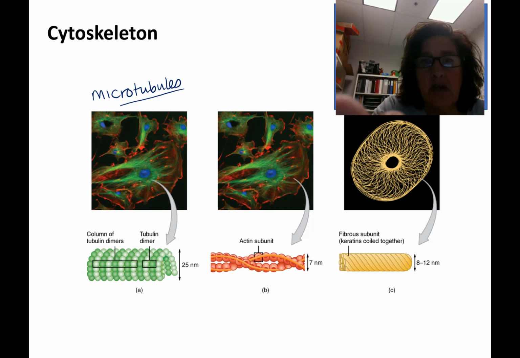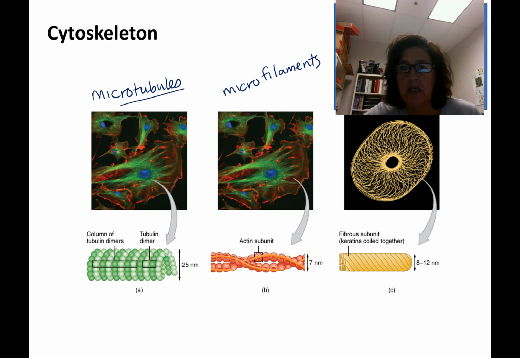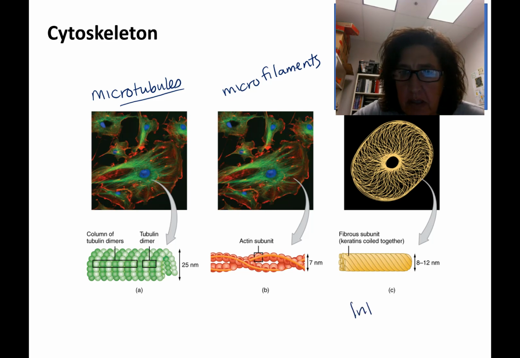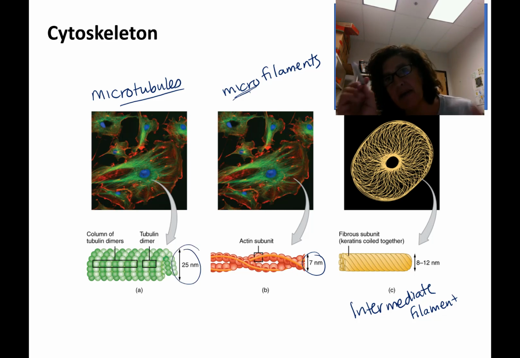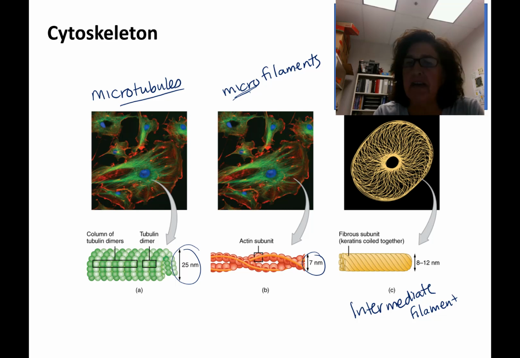These actin ones are called microfilaments, and this one in yellow is called an intermediate filament. And what I want you to see is that the microfilaments are the thinnest, the microtubules are the thickest, and gosh, guess what? The intermediate are right in the middle there. Okay, so let's talk about the functions.